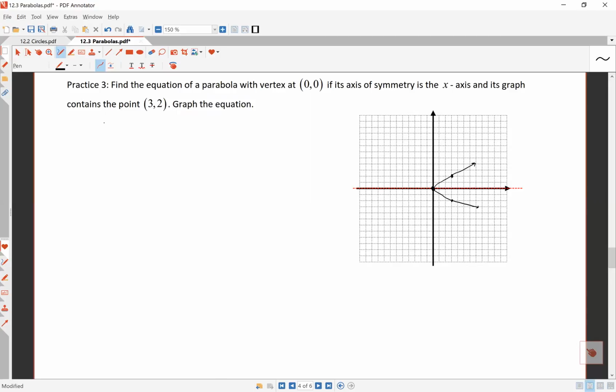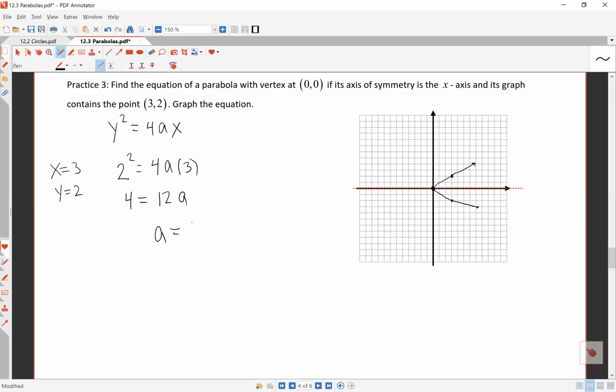It opens to the right, so we need to have y squared equals 4ax. We need to know where our focus is. We find that by saying if it passes through 3, 2, then x is equal to 3 and y is equal to 2. 2 squared is 4. 4 times 3 is 12.